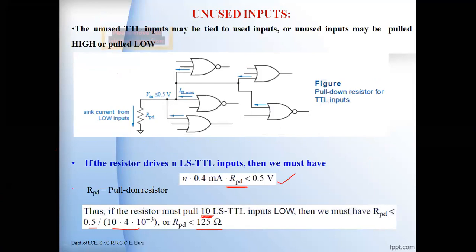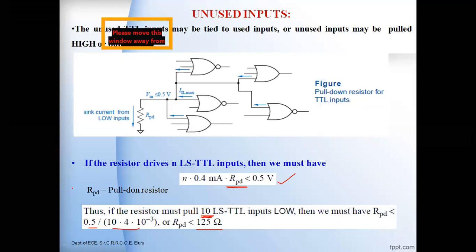So till now we discussed the DC logic characteristics or the DC logic values, the DC noise margins, the fan out, and the unused inputs. With this, we conclude the BJT characteristics.